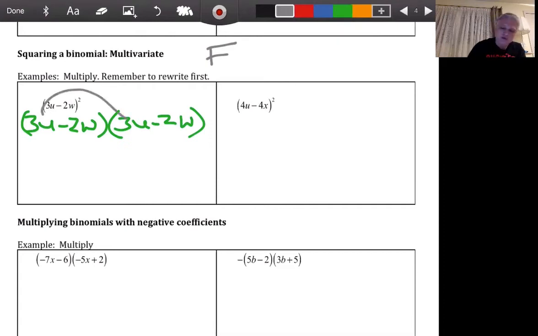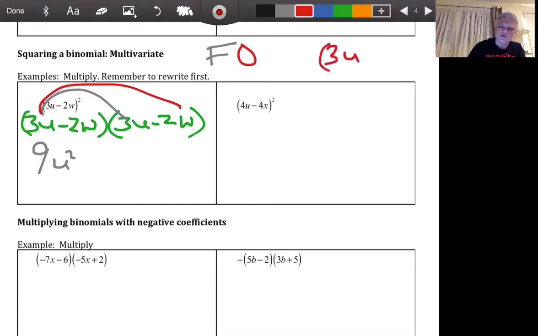3u times 3u is 3 times 3 is 9. U times u is u squared. For the O, the outer two terms, 3u times minus 2w. So let's look at that. 3u times minus 2w. If it helps you to write that off to the side for any of these pairs, go ahead, take that extra 10 seconds and do it.